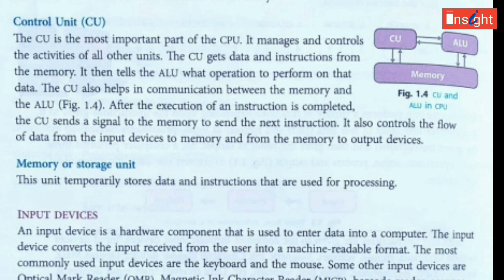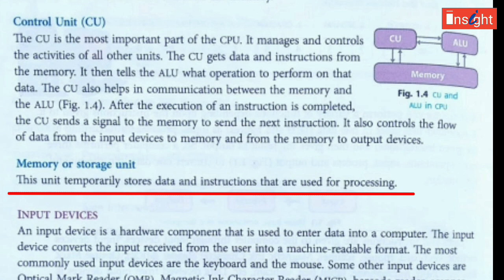Next comes memory or storage unit. A memory unit is a collection of storage cells together with associated circuits required to transfer information in and out of storage. This unit temporarily stores data and instructions that are used for processing.